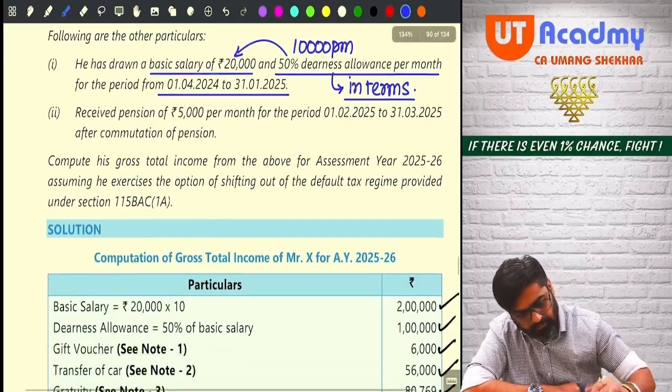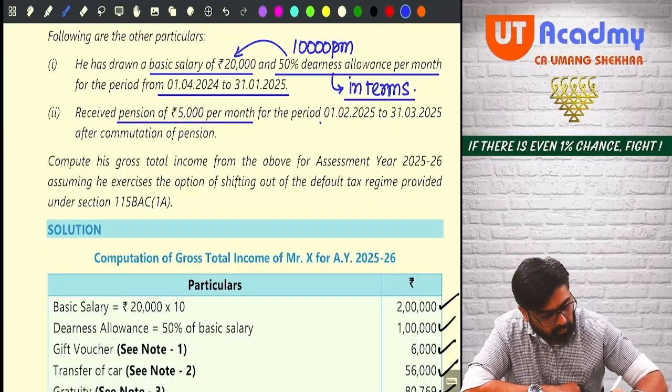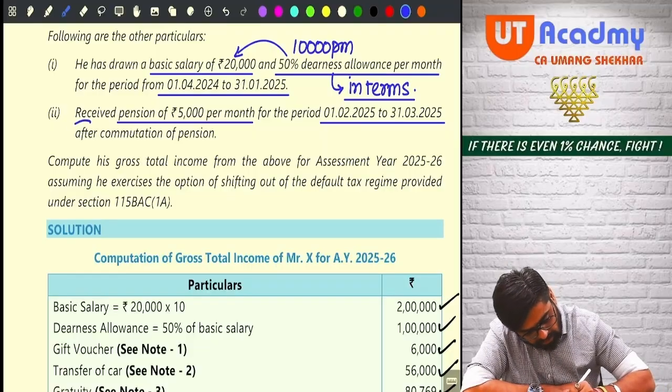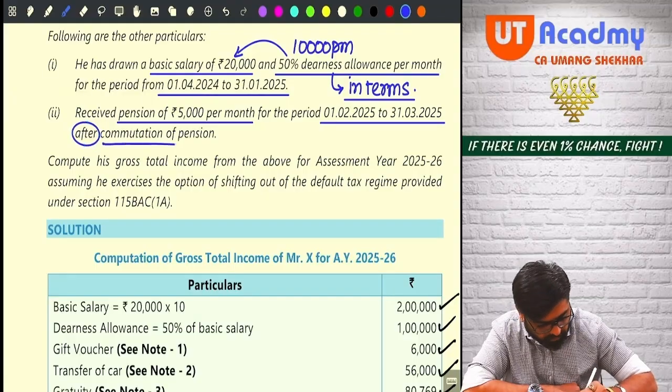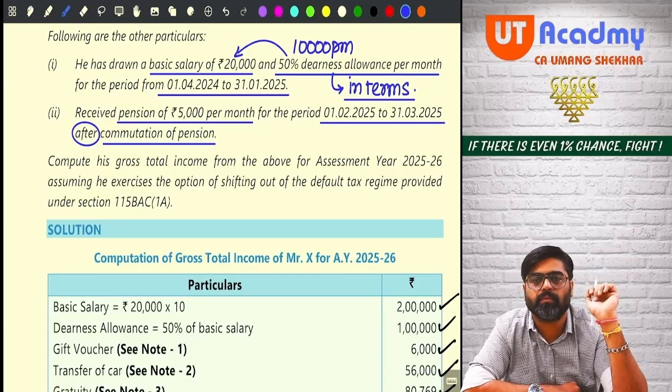Next one. Received pension of 5,000 per month from February to March. After. After means some monthly pension was promised.